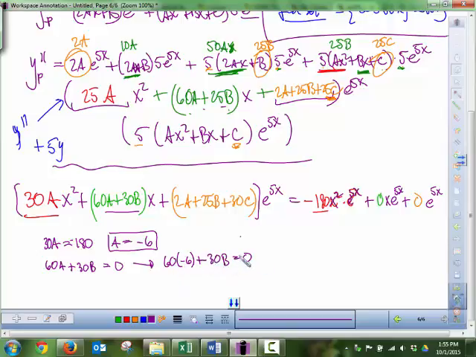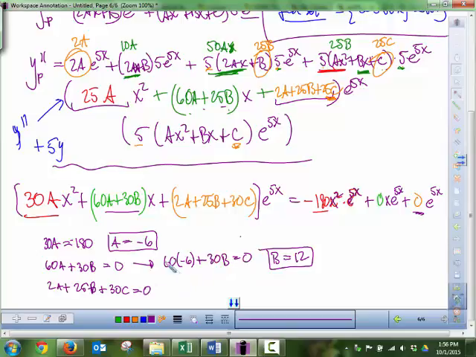360 divided by 30 is 12. And it's a positive 12, right? Let's box that. And then finally, we have 2a plus 25b plus 30c is also equal to 0.